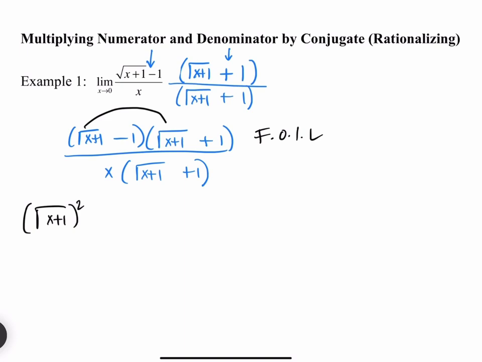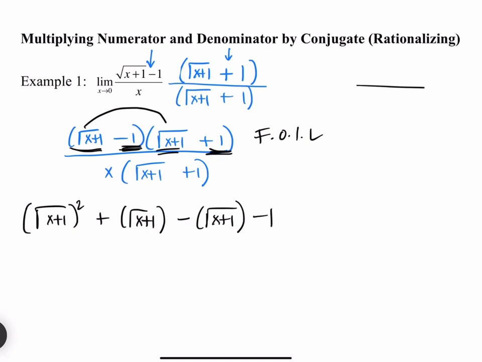The outer values, what is on the outside of the two parentheses? I have radical x plus 1 times 1. So that's just going to be radical x plus 1. What is on the inside of my parentheses? I stands for inside. So the inside of the parentheses, it's going to be -1 times radical x plus 1. And last, what is last in the parentheses? -1 times 1.